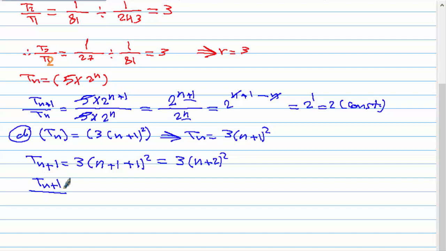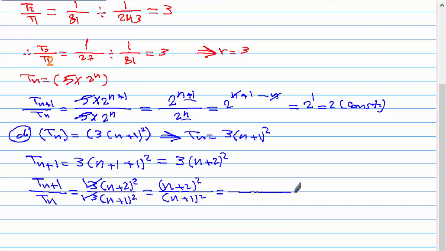Dividing Tn plus 1 over Tn, we get 3 multiplied by n plus 2 all power 2 over 3 multiplied by n plus 1 all power 2. Dividing up and down by 3, we get n plus 2 all power 2 over n plus 1 all power 2.